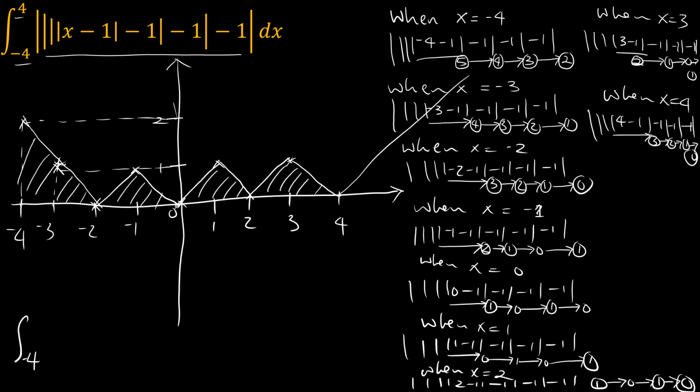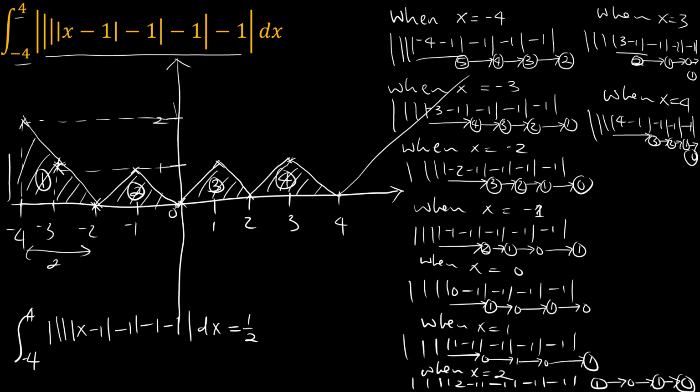Therefore, the integral from -4 to +4 of x minus 1, minus 1, absolute, minus 1, absolute, minus 1, absolute, is going to be equal to the area. So if this is area 1, 2, 3, 4, the first triangle is a right angle triangle with base 2, height 2, right?